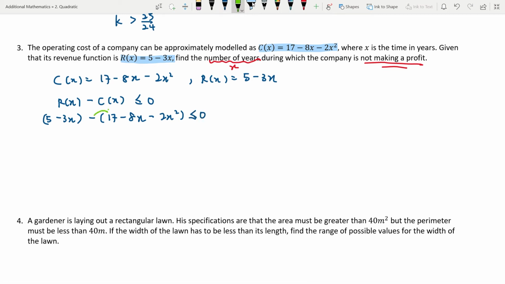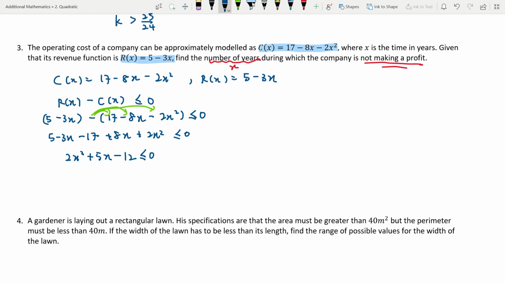We expand the bracket. We have 5 - 3x - 17 + 8x + 2x² ≤ 0. We simplify the inequality. 2x² + 5x - 12 ≤ 0.